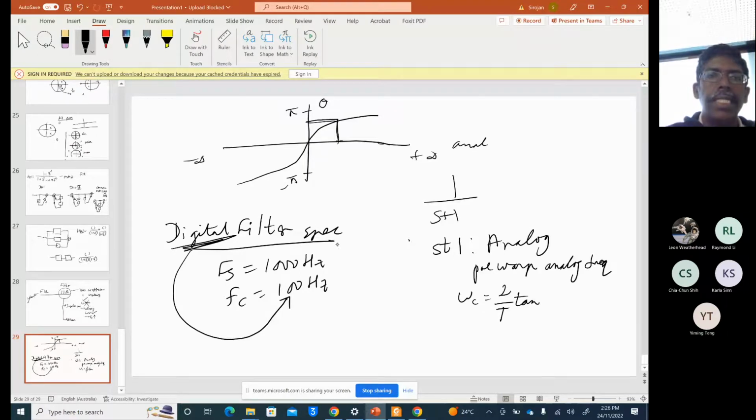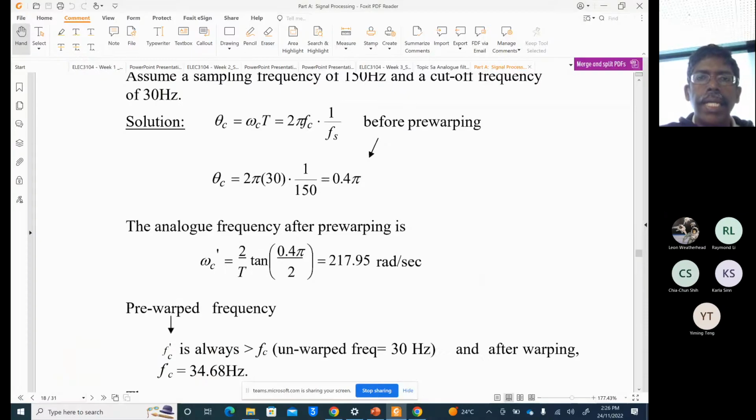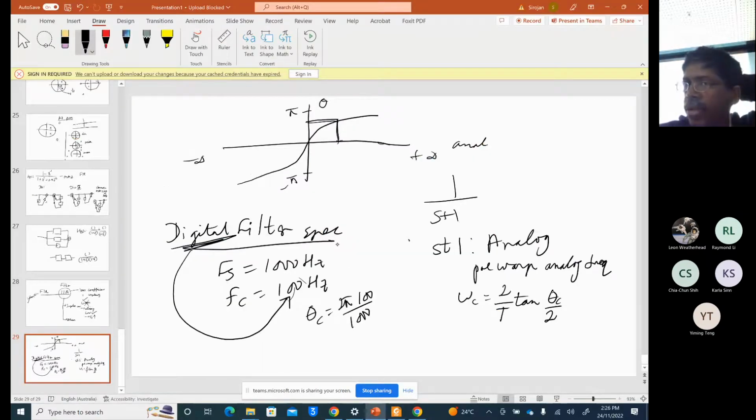What is theta c here? This is 100 Hz, so theta c is 2 pi times 100 divided by 1000. So that is theta c by 2. Okay, so that is the pre-warp frequency.